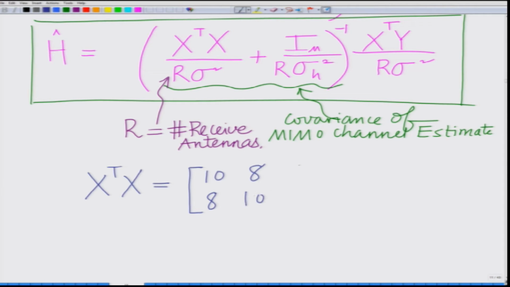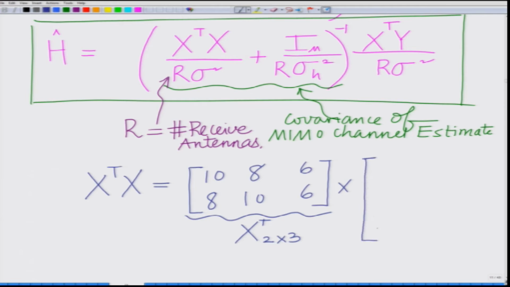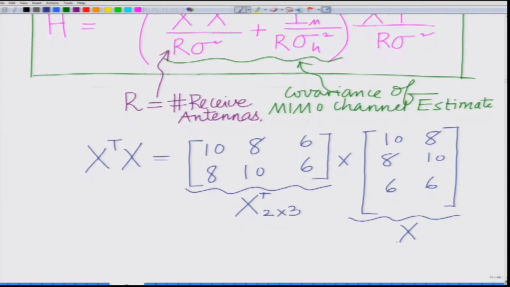X is a 3 cross 2 matrix, so x transpose is a 2 cross 3 matrix, times x, which is your pilot matrix 10 8, 8 10, 6 comma 6.